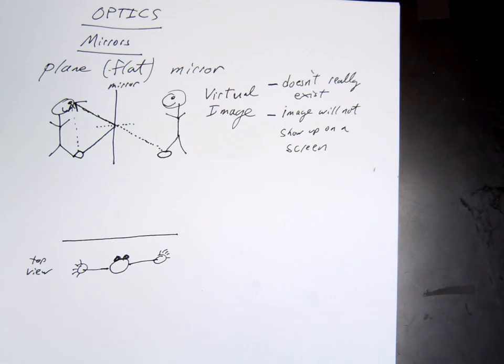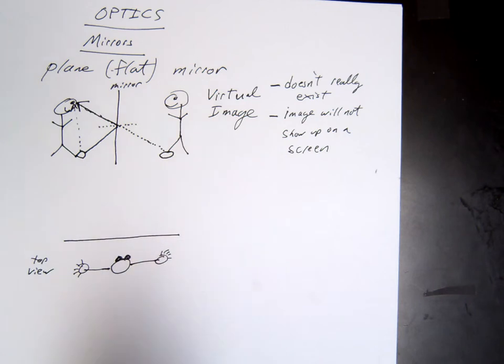So one thing you probably noticed is if you wave at yourself with your right hand, what does the guy in the mirror do? He waves back, but which hand does he wave with? The left hand, right. So you wave with your right hand, the guy in the mirror waves with his left hand. In other words, the image is reversed. There's some kind of reversal going on when you look at yourself.